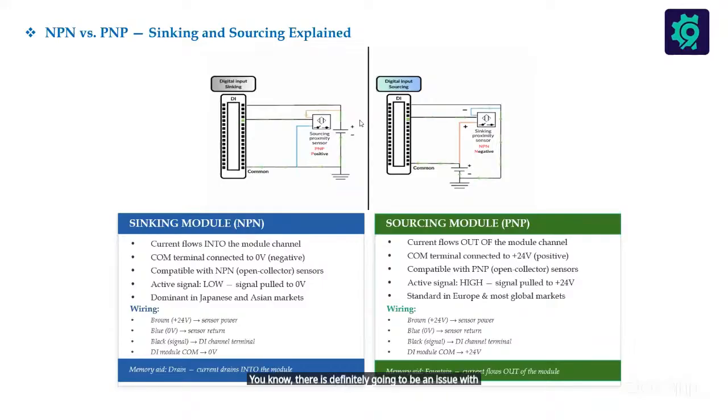You might not even have a spark, and your device will not respond the way it's supposed to. So the kind of module you have determines how you wire the module itself. You can have a syncing module and connect both NPN and PNP sensors to that same module. Are we together? And you can have a sourcing module and still connect an NPN or PNP sensor to that same module.